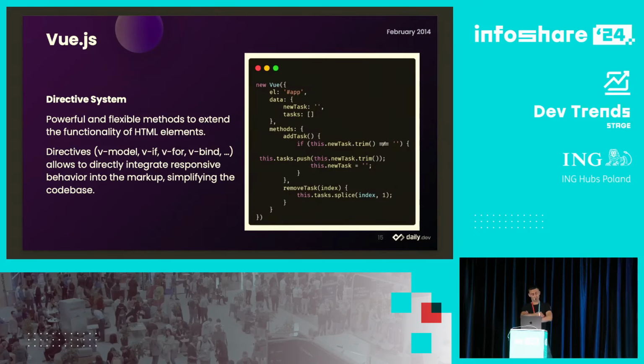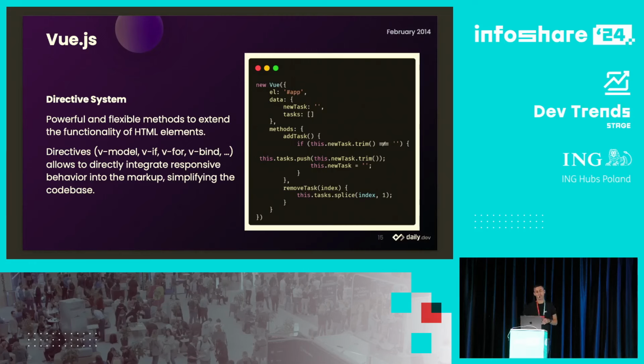Another great approach that Vue.js had was the directive system, also used by Angular later, but it was really a powerful way to extend functionalities inside the HTML pages, inside the components. Because there are some behaviors that are done repetitively.